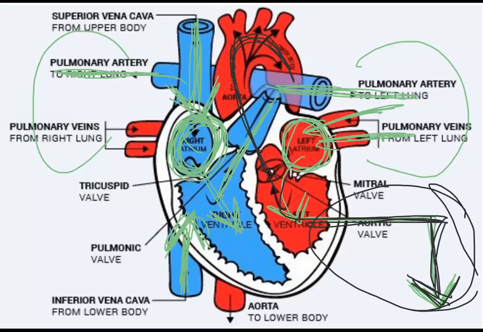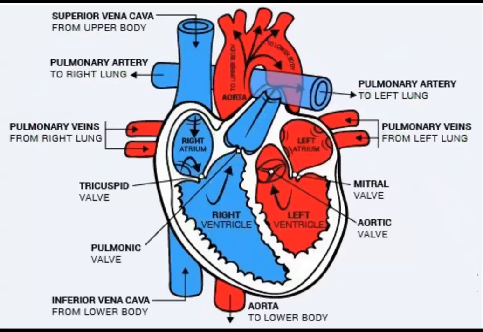So with that being said, it could technically be said that between the right heart and the left heart lay the lungs, right? Because the right heart is going to pump out to the lungs, and the lungs will bring it back to the left side.